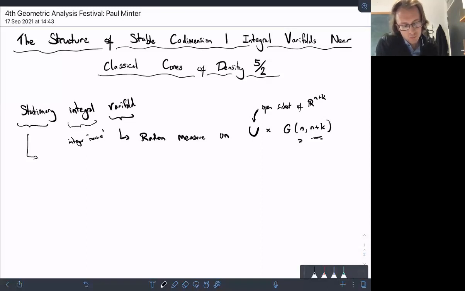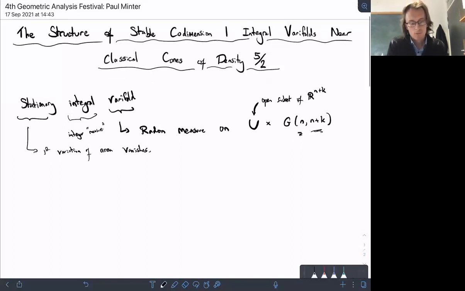And this is the usual first variation of area. It vanishes. First variation of area vanishes.